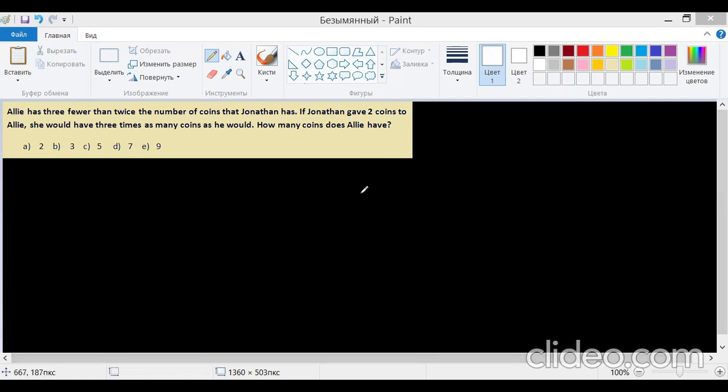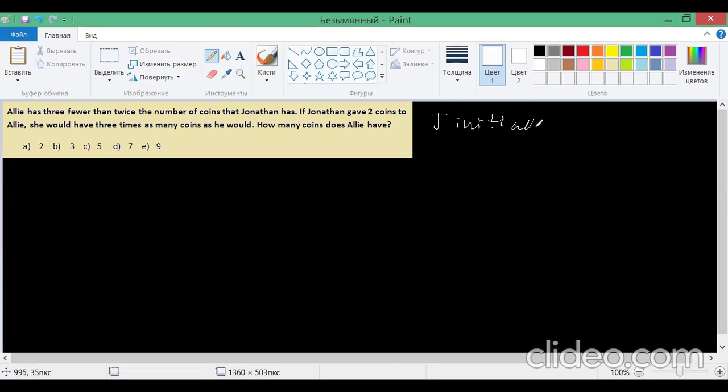For example, let it be Jonathan. So Jonathan, initially, or in the beginning, has X coins.